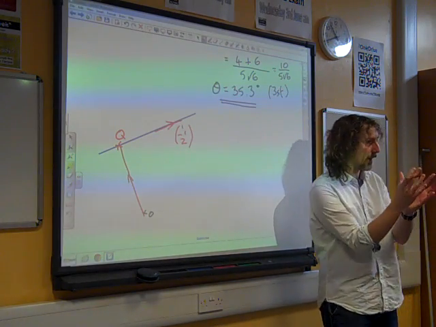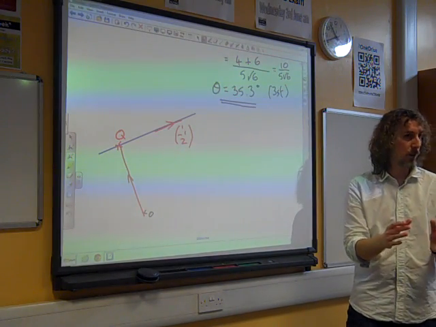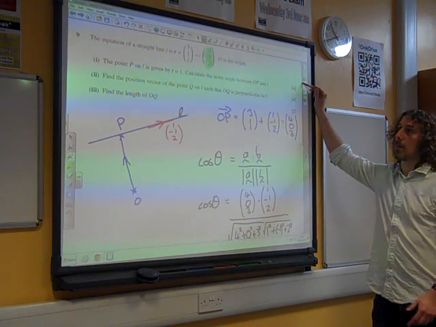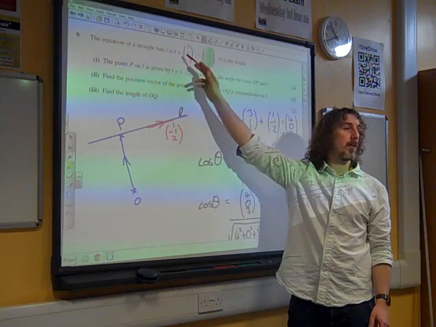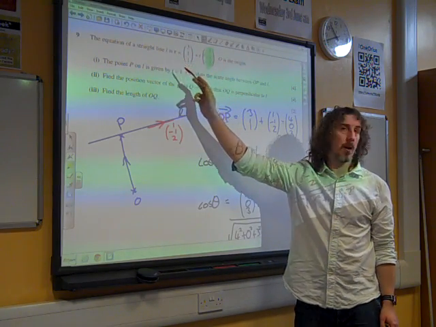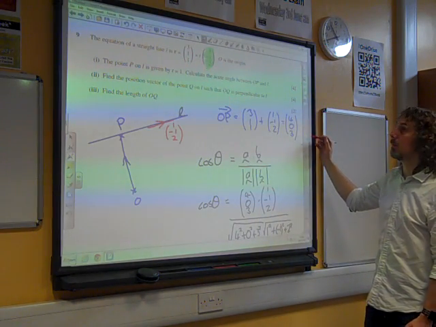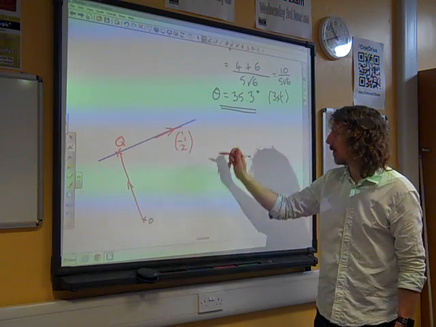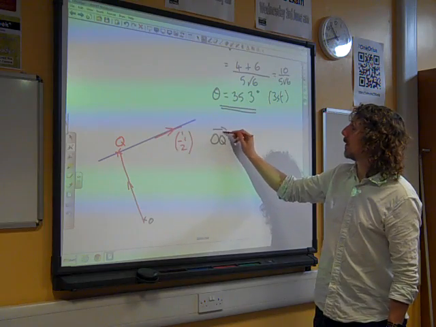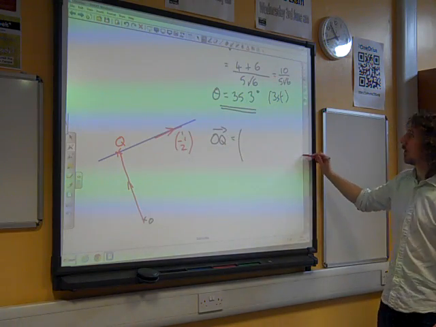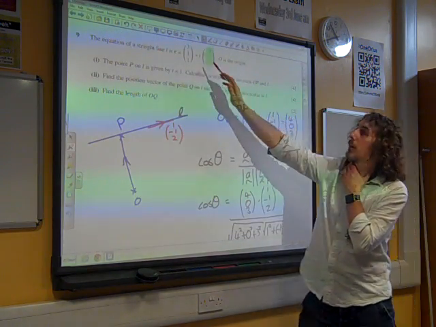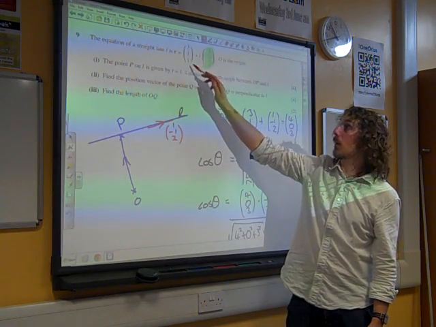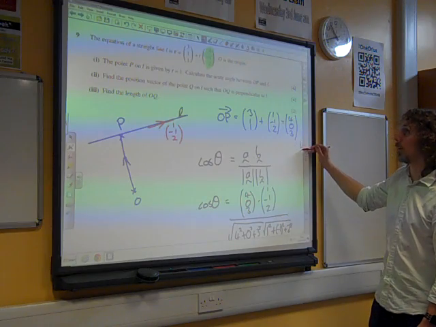So we need to come up with a vector that represents the position of Q. Well, there's quite an easy way of doing this. You take your equation and you just combine what you've got in this equation into one vector. So the value of t that we're looking for is such that OQ is, and we're going to write this as 3 plus 1t, 1 minus 1t, and 1 plus 2t as the components.